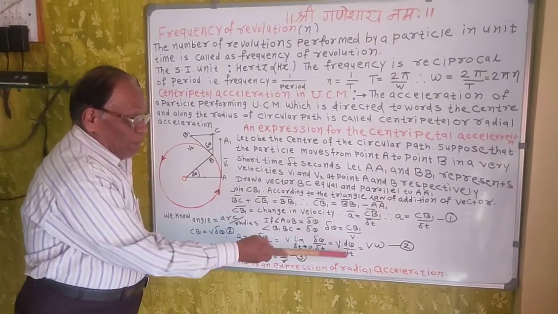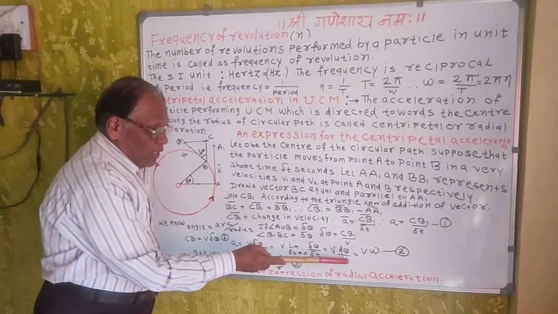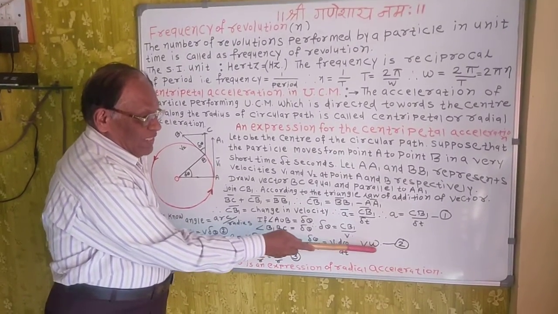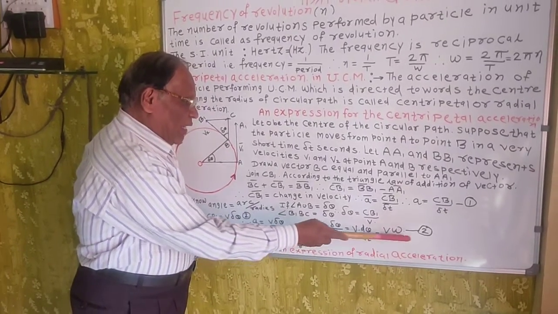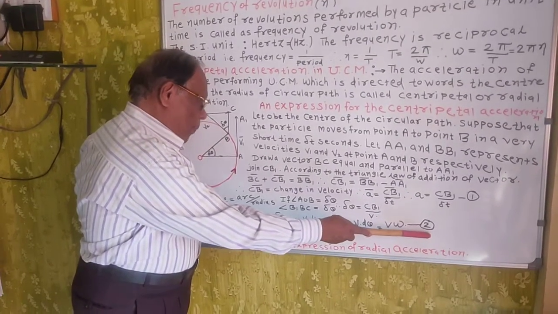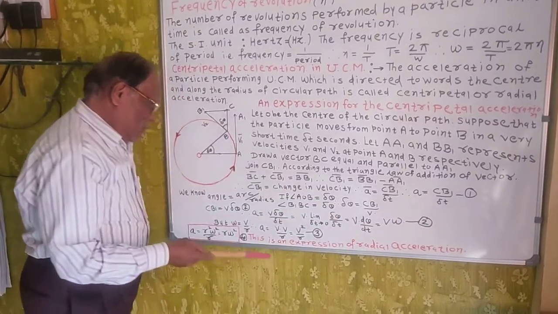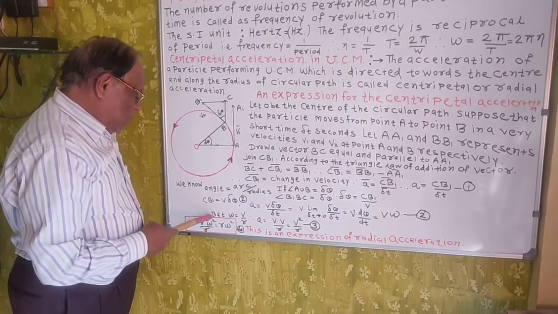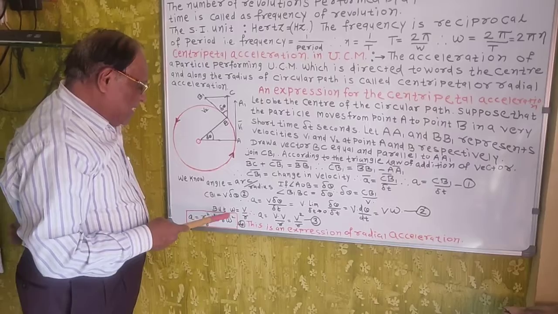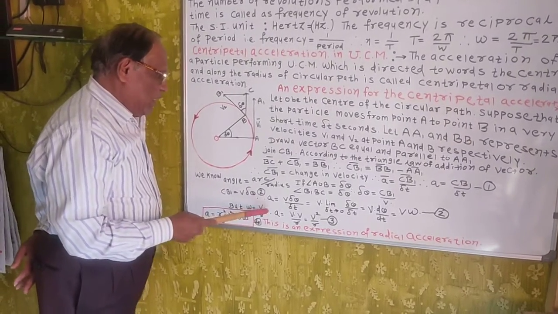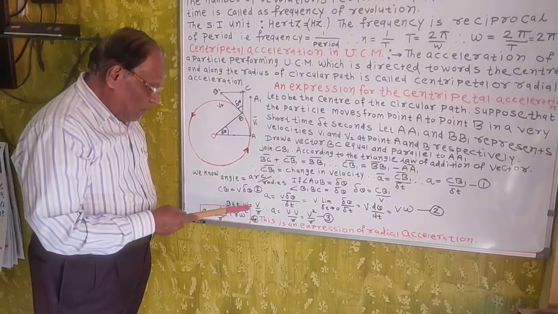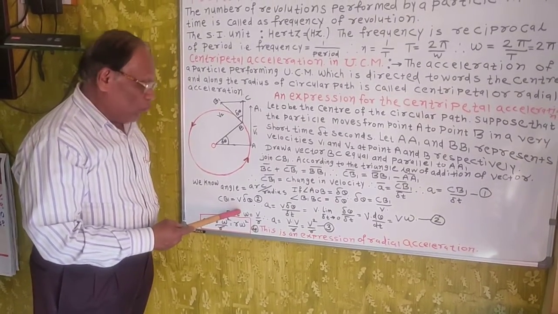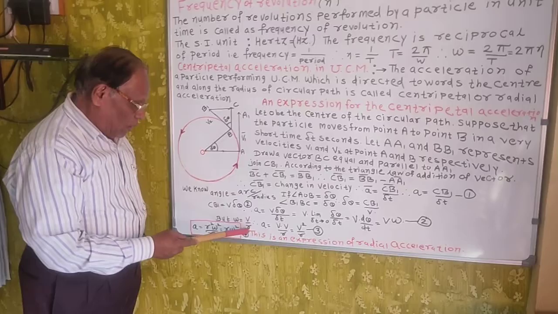But d theta upon dt is omega, therefore a is equal to v into omega, as equation number 2. But we know the relation for linear velocity is v is equal to r into omega, and therefore omega is equal to v upon r.